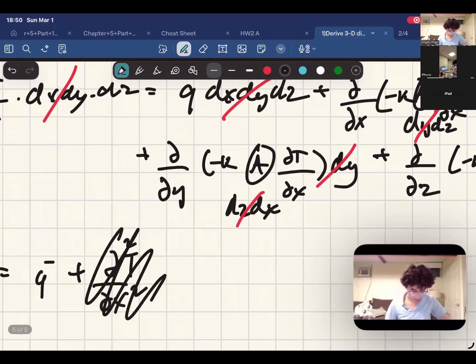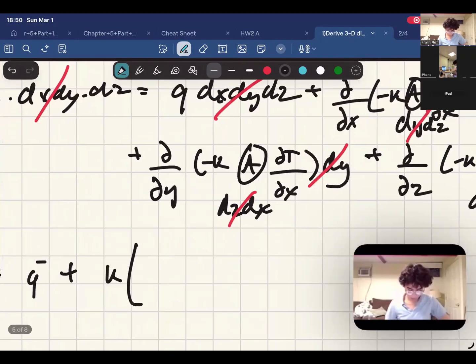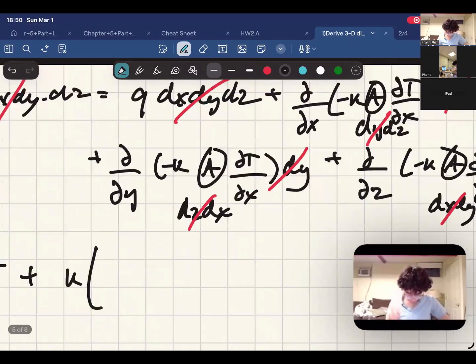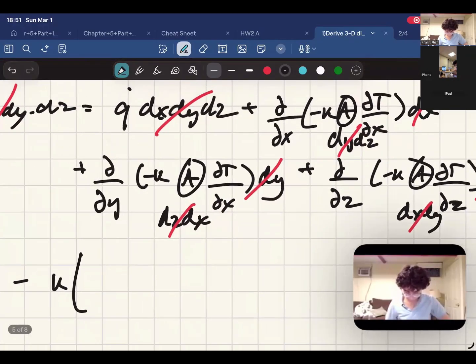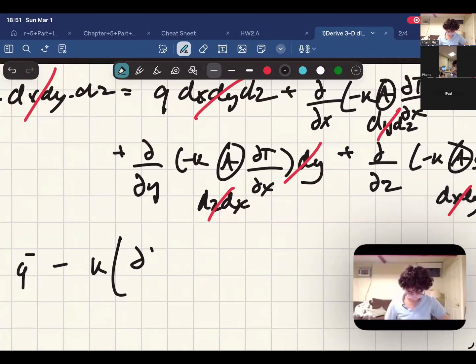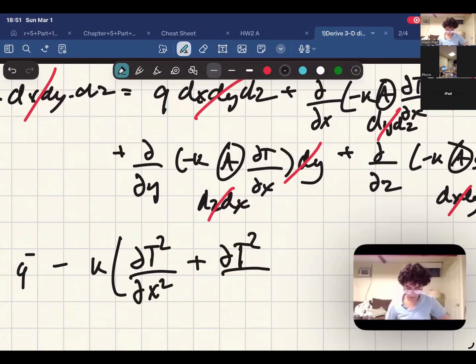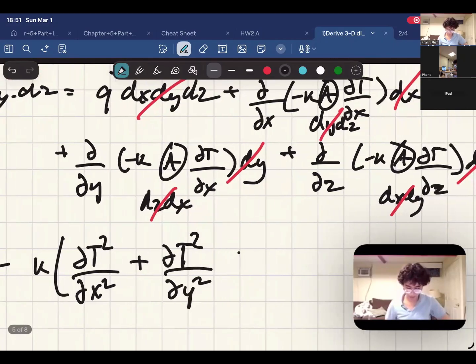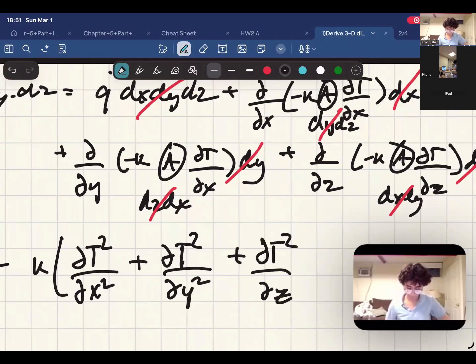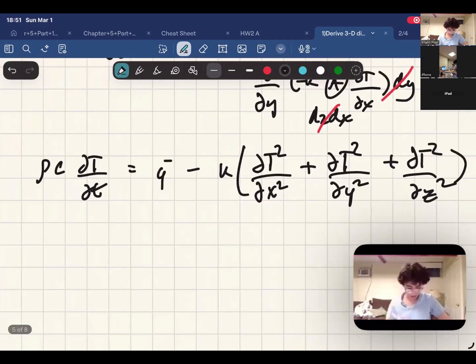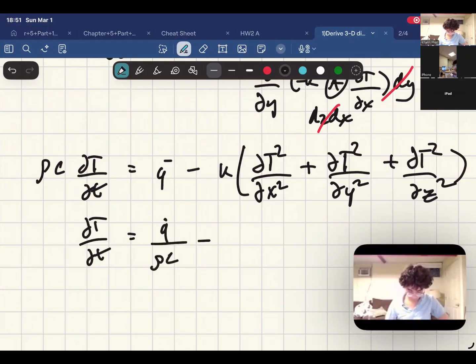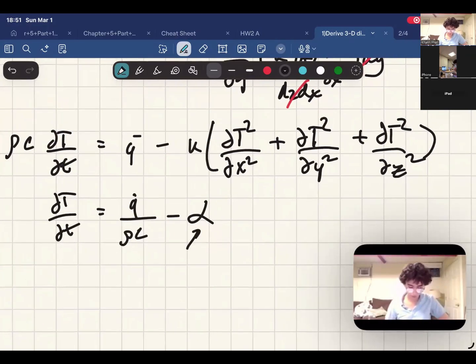Let's see, negative k times the second derivative of T with respect to x, y, and z. Then we move density and heat capacity to the right side. We would have this too.